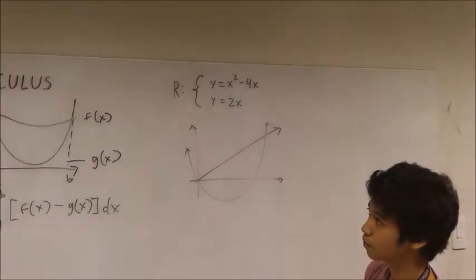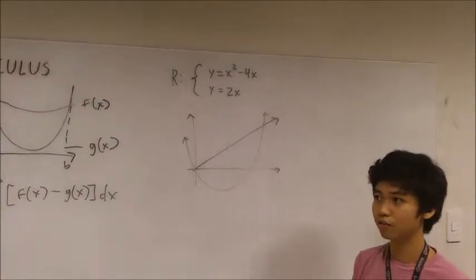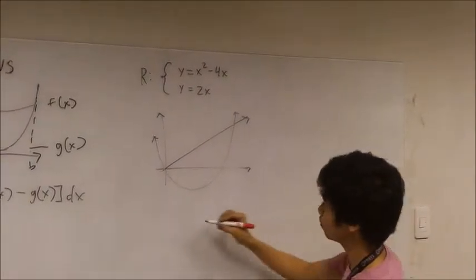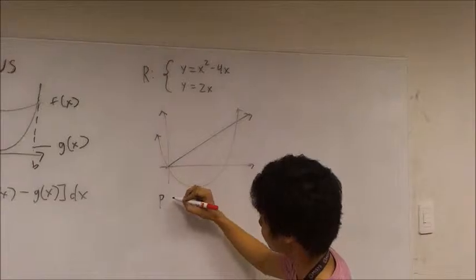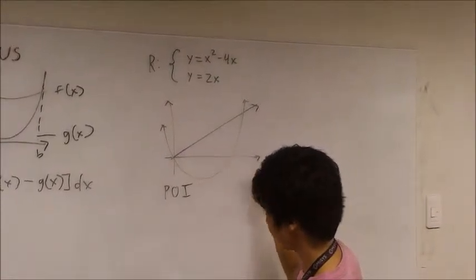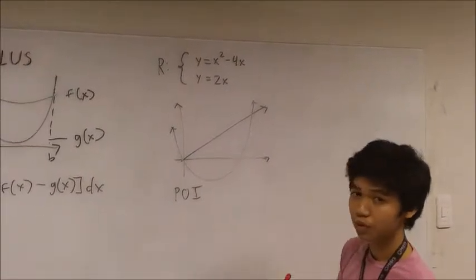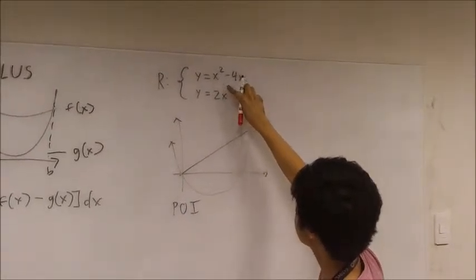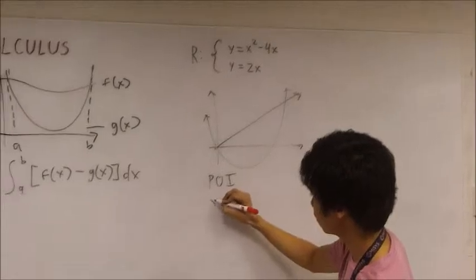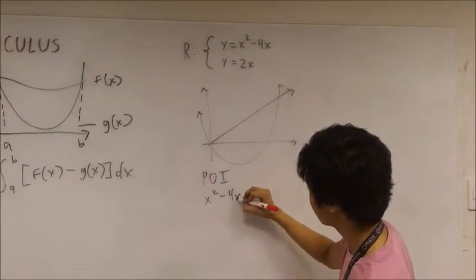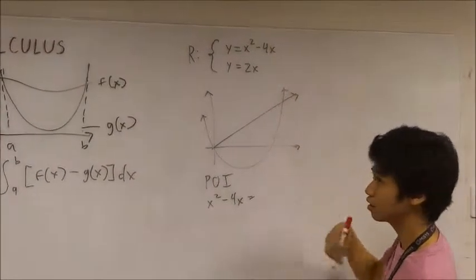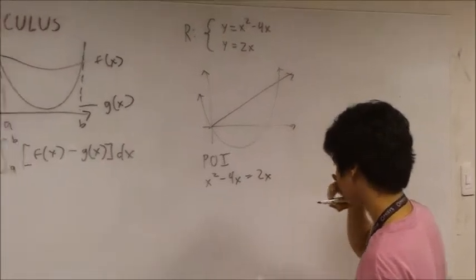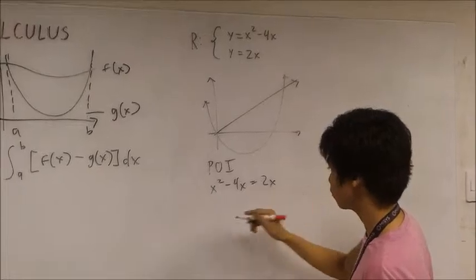So in solving for the area that is bounded by two functions or curves, we first have to solve for the points of intersection, or the POI. To do that, we equate the two curves. So we have the first curve, which is x squared minus 4x, and we equate it to the other curve, which is, in this case, 2x. And we can change its form.